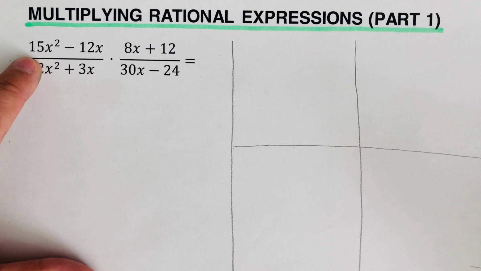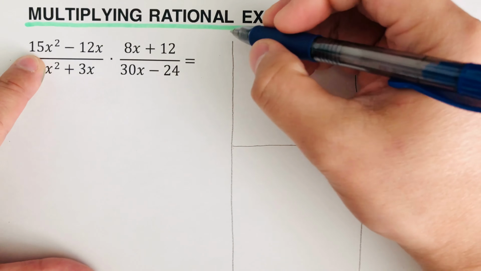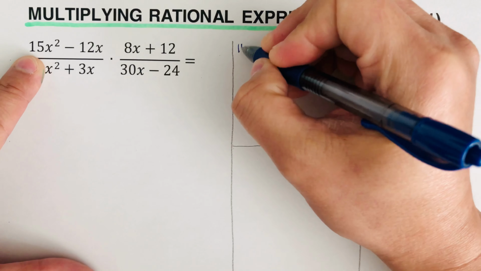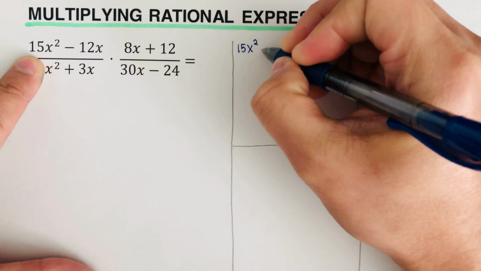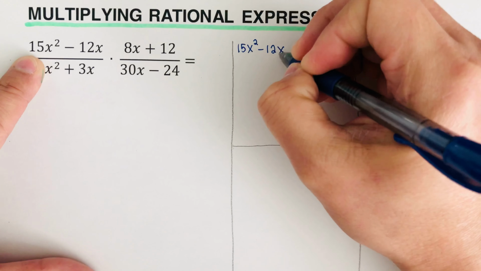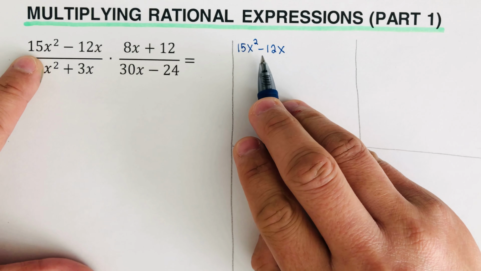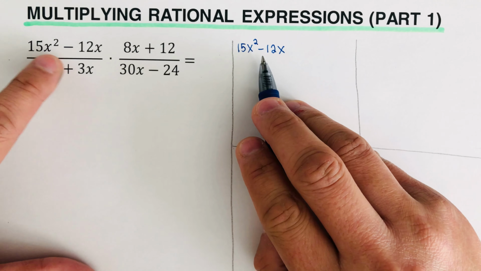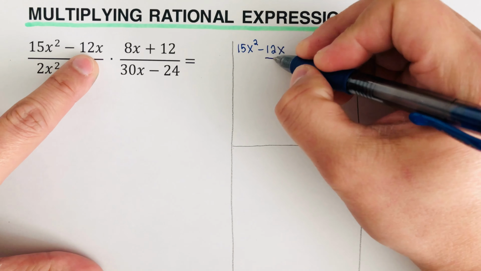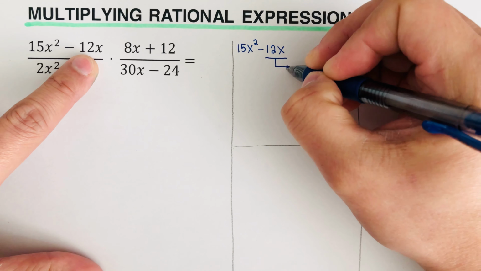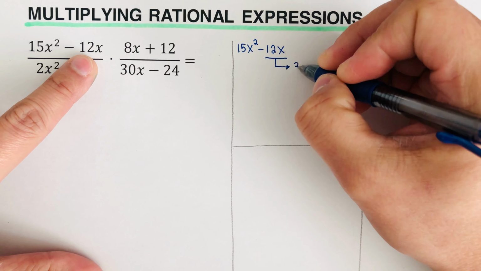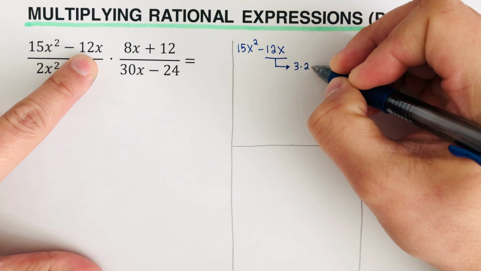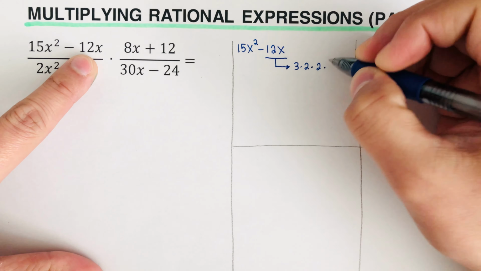So we're going to start with the numerator here. I go ahead and write this as 15x squared minus 12x. So I will factor out the GCF. We're going to start with 12x first. I can factor this as 3 times 2 times 2 times x.